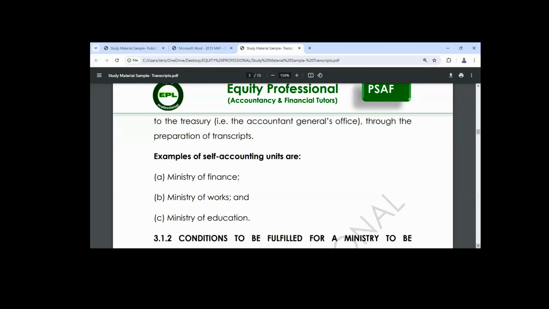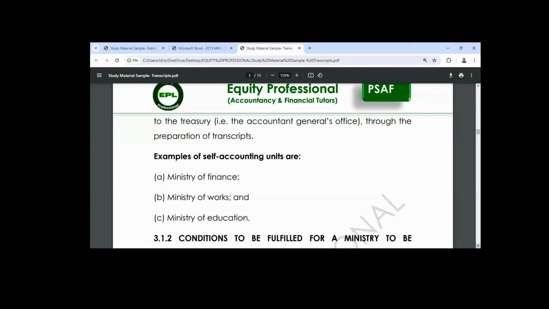Each ministry has an accounting department. Ministry of Health has its own accounting department. Ministry of Works has its own accounting department. Ministry of Transport has its own accounting department. Ministry of Sports has its own accounting department.